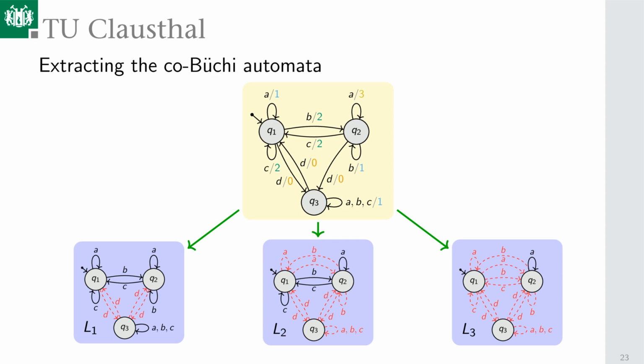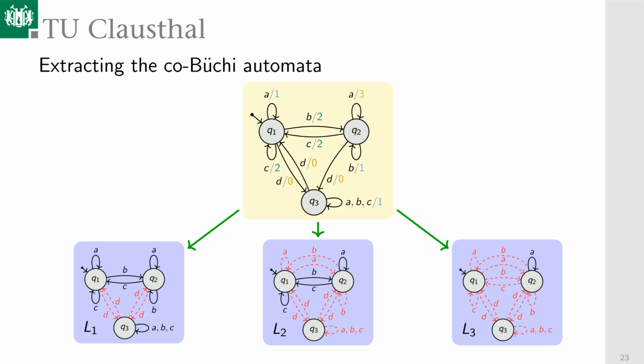Here in this example, this means that whenever there's a rejecting transition to Q1, then there also needs to be a rejecting transition to Q2 for the same predecessor state and the same letter. This is why in each automaton, there are now 2 outgoing rejecting transitions for the letter D from Q3.